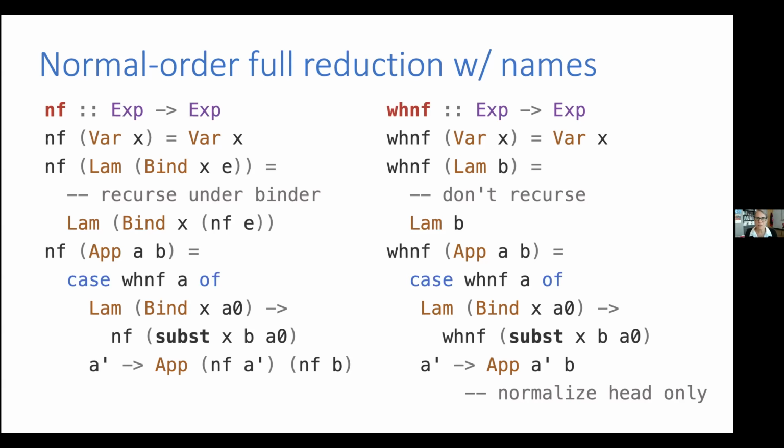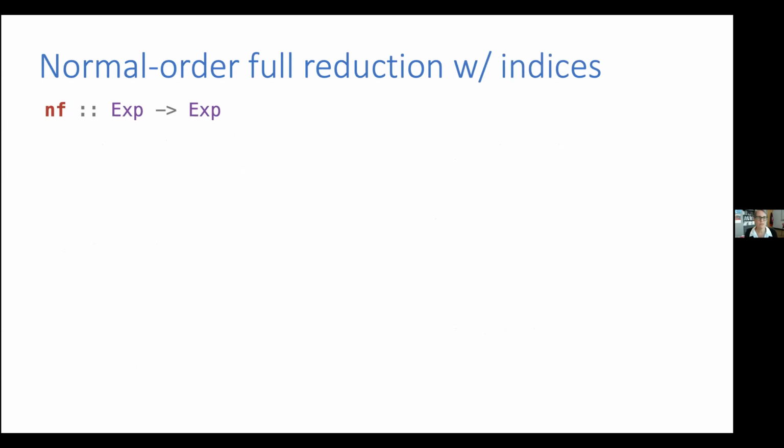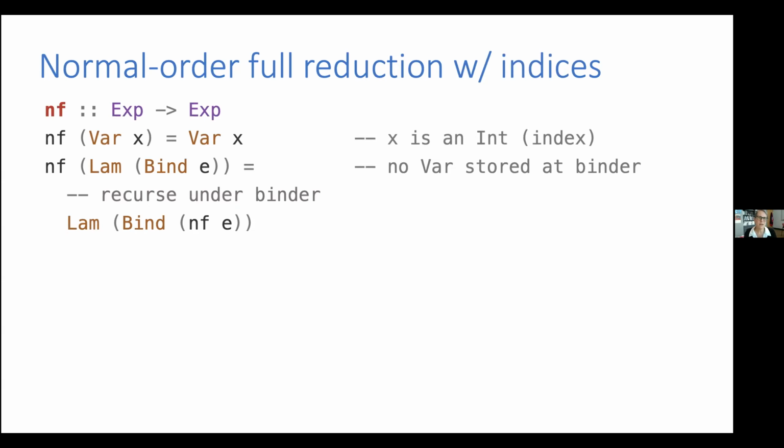Okay, now let's see what happens if we do the same thing with de Bruijn indices. We're going to normalize an expression that's represented with de Bruijn indices. The variable case doesn't need to change, even though we're using numbers instead of names for variables. That's not really a problem. When we do a binder, it's very subtly different. We don't have a name for the binder because we're representing our variables with indices, but we're going to do exactly the same thing.